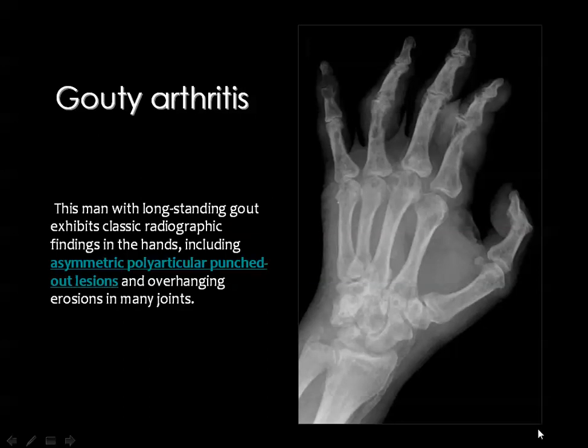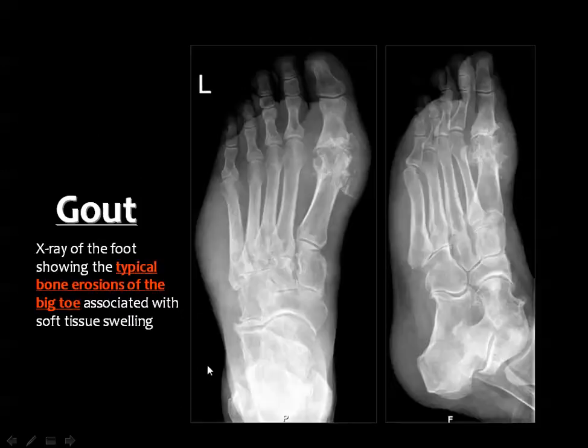And here you can see erosive changes that are well demarcated. They are not at the joint line. They are somewhat away from the joint line, associated with soft tissue swelling, which later on may be calcified.